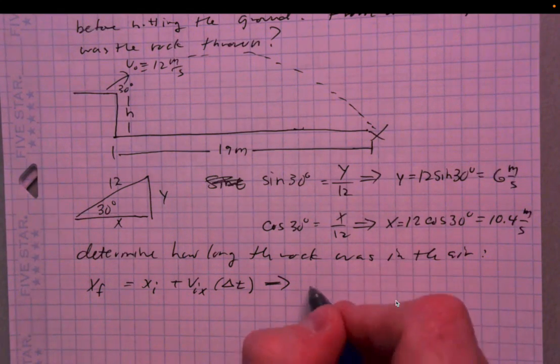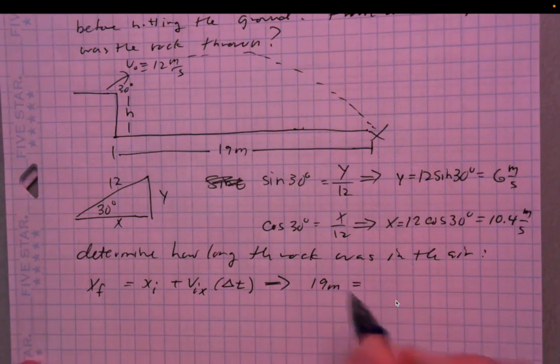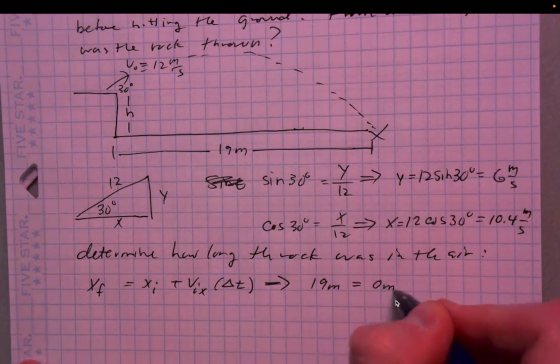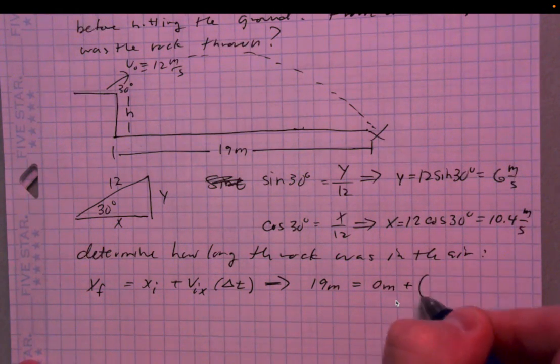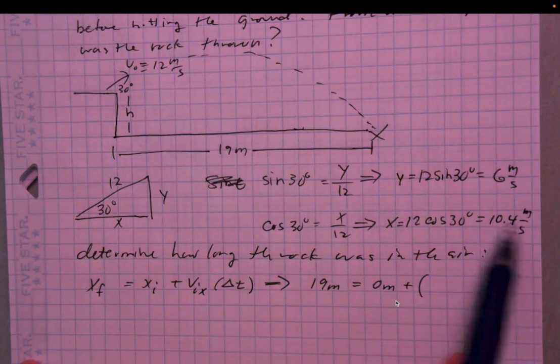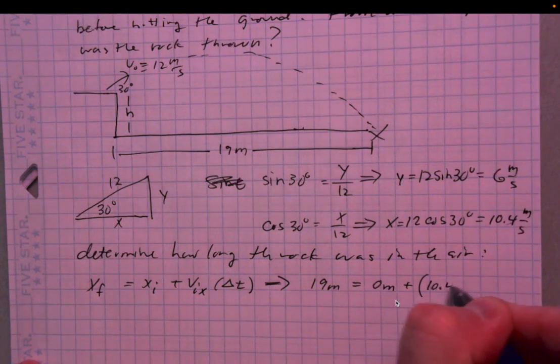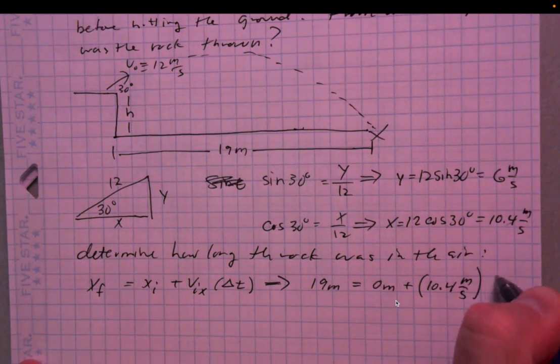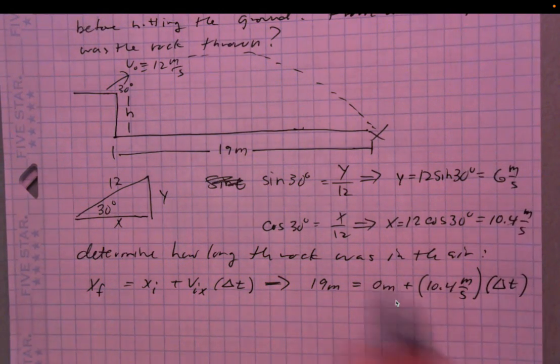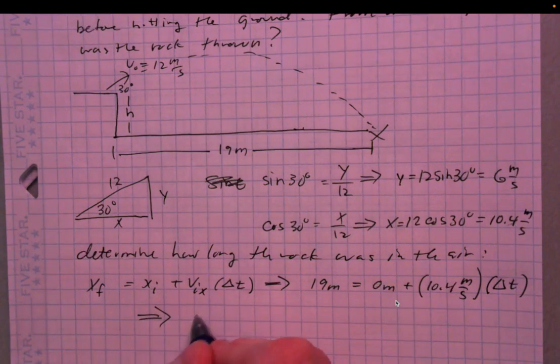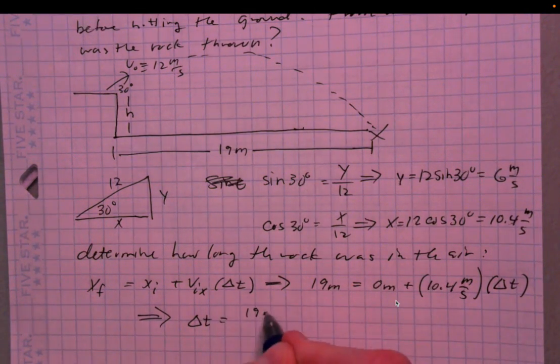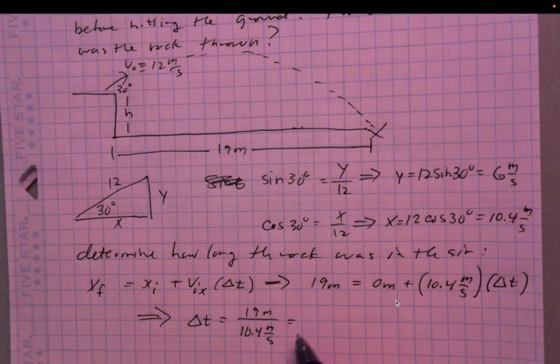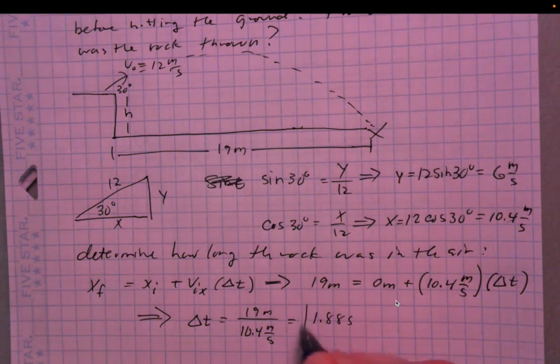And we have all of this information, so 19 meters is the final position, 0 meters was the initial position, plus that x component of velocity, 10.4, times delta t, and we can of course solve for delta t here, and we'll see that the time in the air must be equal to 19 meters over 10.4 meters per second, which when you do that calculation, you'll see that that's about 1.88 seconds.